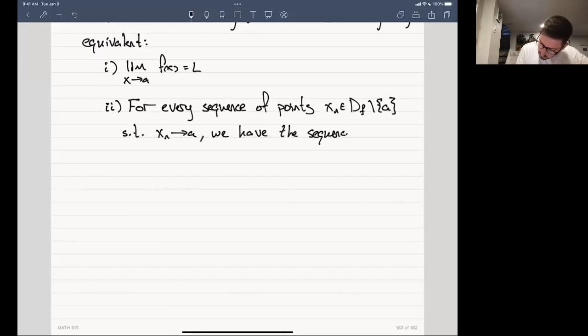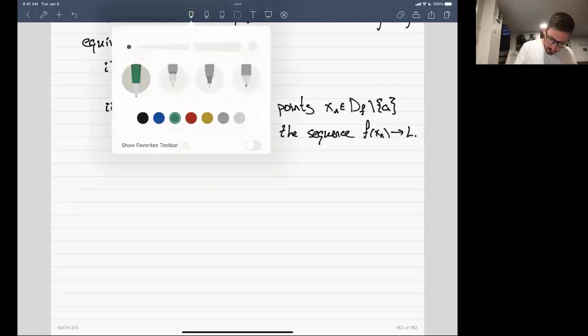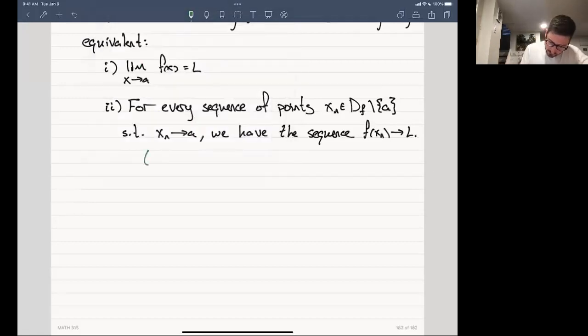So you get a new sequence by plugging in each element of your sequence into the function. So that's a sequence in the range now of your function f. This is approaching L. And we call this, maybe I'll put this in green, the sequential criterion for limits.